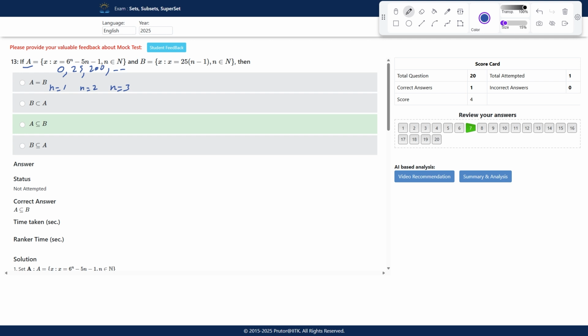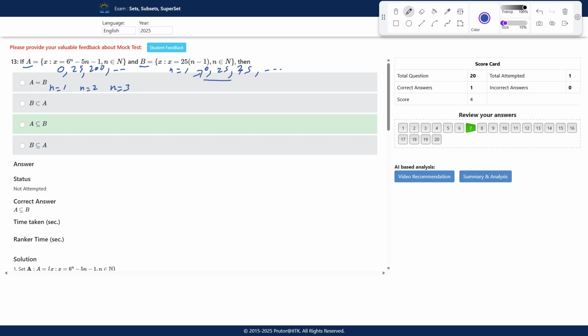Clear? Now for set B, for n as 1, you are getting 0. For n as 2, you are getting 25. For n as 3, you are getting 50, and so on. So it is quite clear that what we are having here is multiples of 25, including 0.